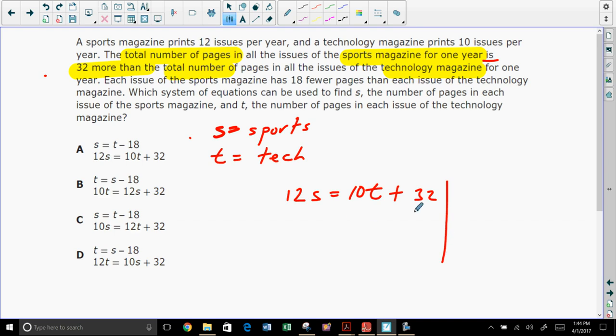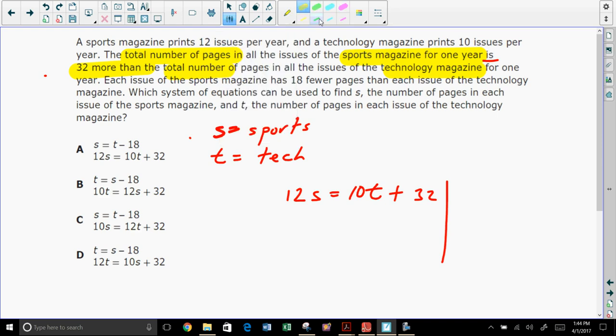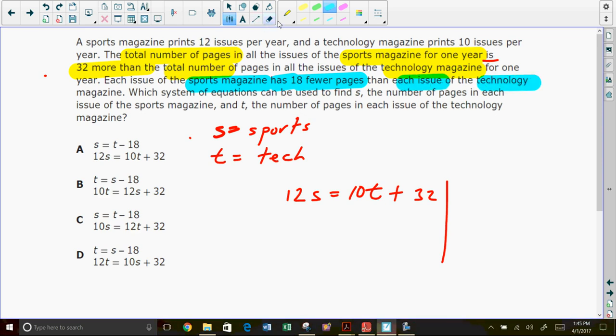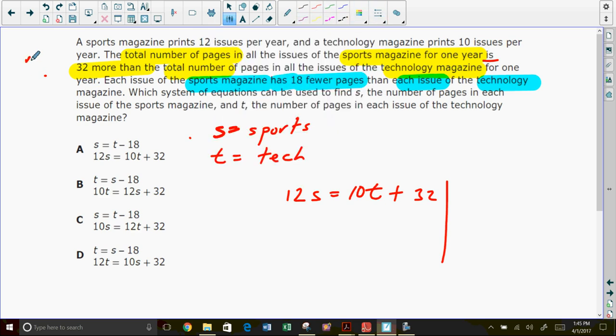That's one of them. Now we're going to look at the next equation. It says each issue of a sports magazine has 18 fewer pages than each issue of a tech magazine. So we're going to use that for our next equation.